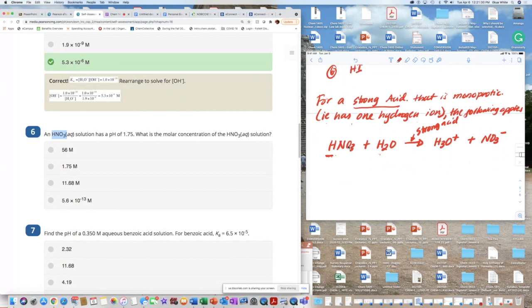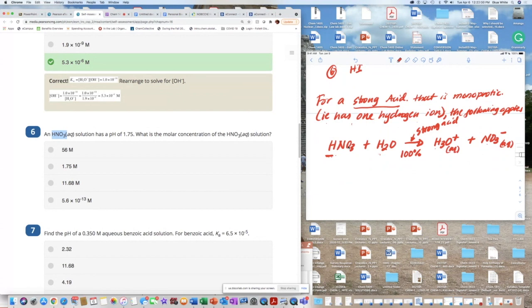When the strong acid gets added to water, what we end up with is hydronium ion being formed, that's aqueous, and then nitrate ion in this case being formed, that's aqueous. The reactants cease to exist. Remember, strong acid ionizes 100%. That means when everything is said and done, all we have is the products in the end, okay?